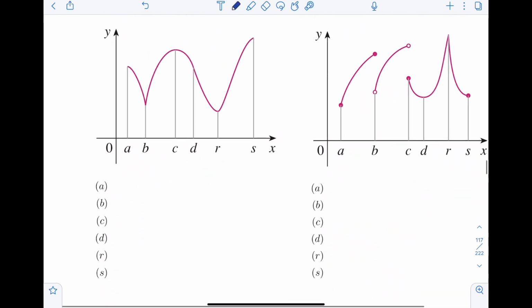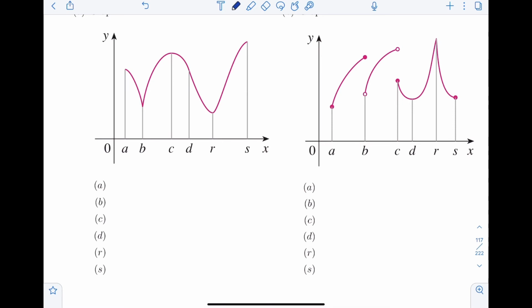What are all these points here? Well, let's just kind of go in order. Or I should say, let's work from top to bottom. S is the absolute max. And B, oh, maybe it's not B, maybe it is R. Let's see if our book, yeah, R is the absolute min. Okay. R is also a relative min. Okay, what else?